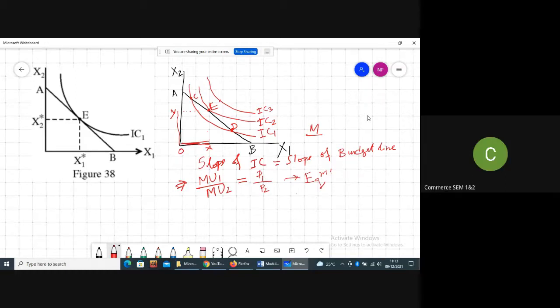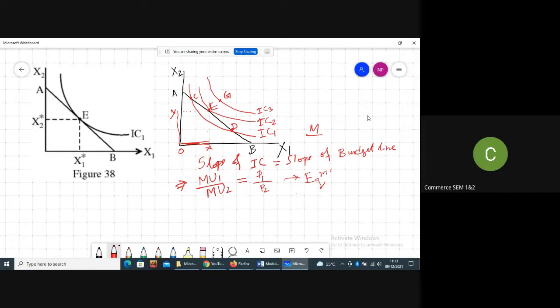What about a point like G? So if the consumer purchases at point G, he can move to an even higher indifference curve IC3. So can the consumer consume at point G? No. Why? Out of the budget line.